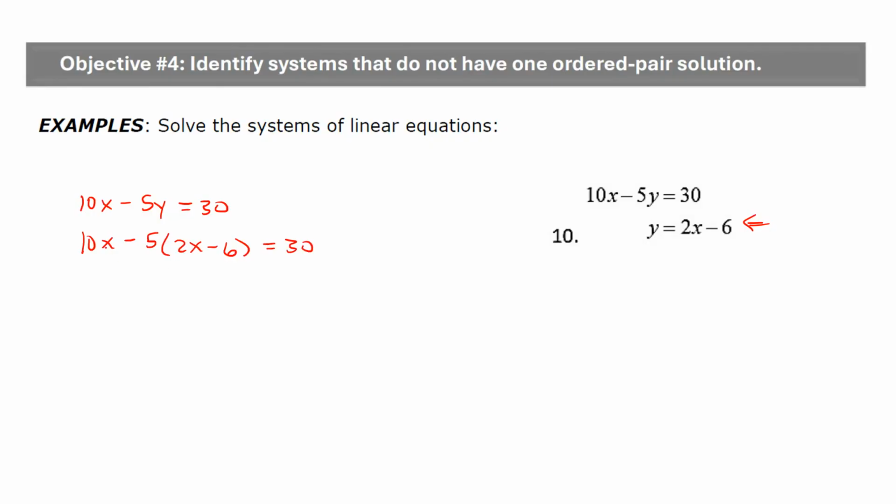And now we'll solve for x. So we'll distribute the -5. Then we will combine like terms. And we get 30 equals 30, which is true.